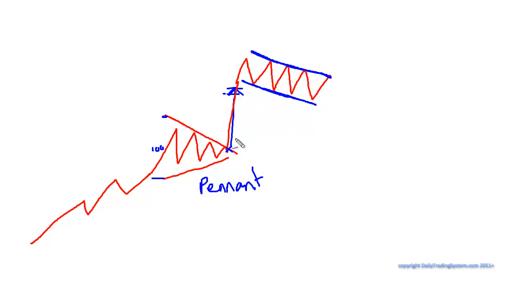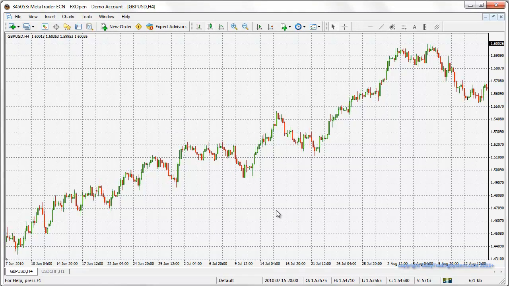Alright, and from where it rose from to that point there gives that kind of impression of a flagpole. What's important to notice is that from here to there will be your projection point for the next target. Now this doesn't always work out as planned, so you need to be a little bit more diligent. Okay, so that's the flag, and this one here is the pennant. Okay, let's go ahead into the chart and see if we can show you some examples.